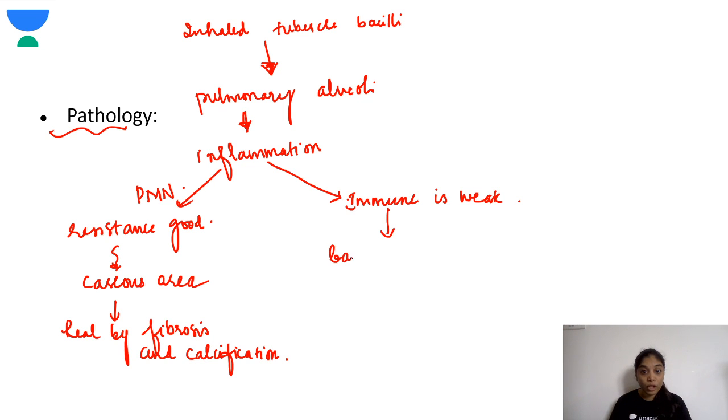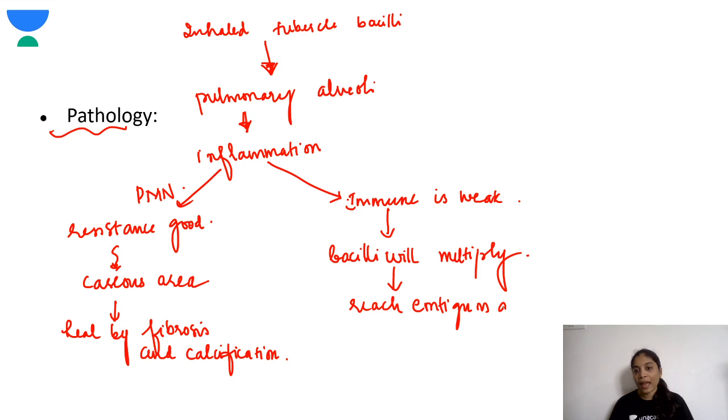The bacilli will further multiply, and then it will extend to other contiguous areas. It can lead to a serious complication of tuberculosis. Fine. So in the pathology, you should know about the progressive primary disease.